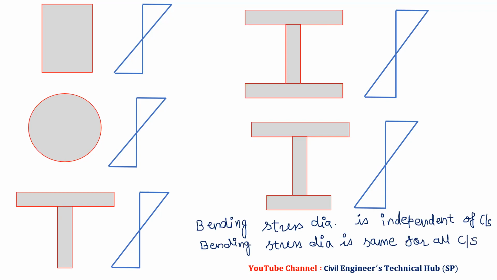So whether we have a rectangle, circle, T section, symmetrical I section or unsymmetrical I section, our bending stress diagram is not going to change. It will remain as it is. This is the most important statement, so keep these statements in mind. You have to write all these, draw the diagram and upload it.